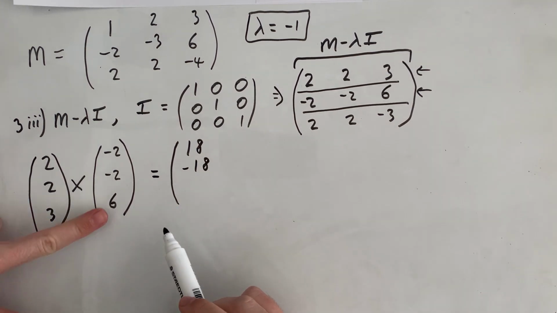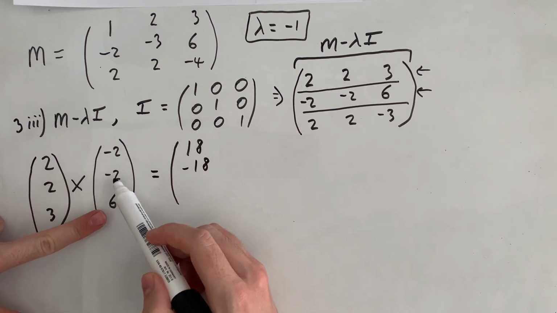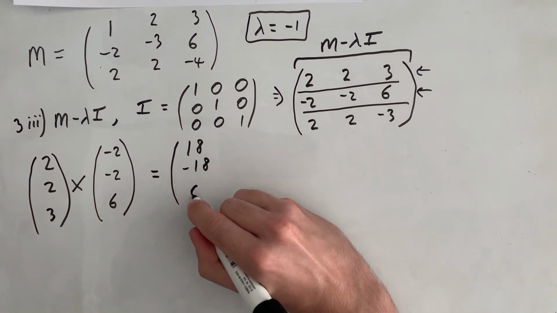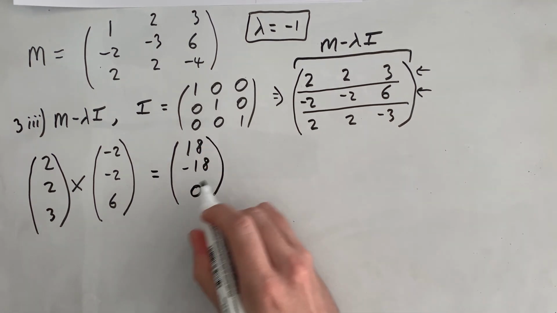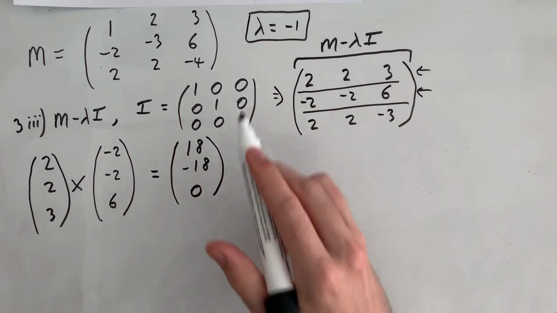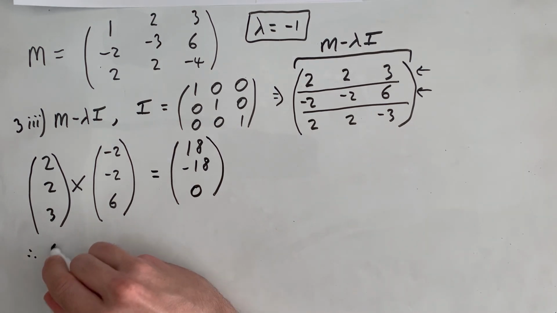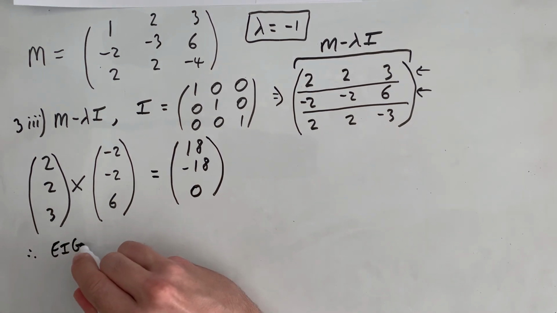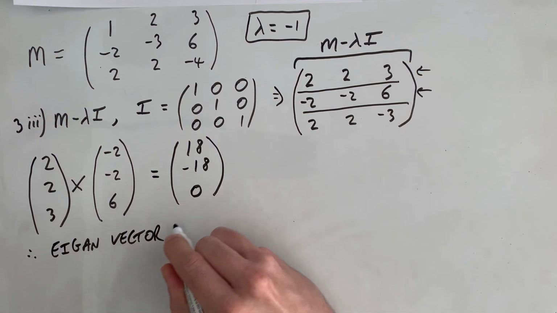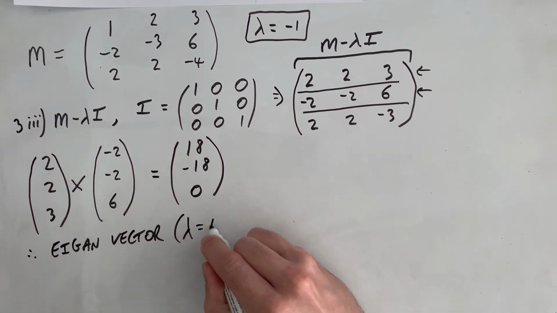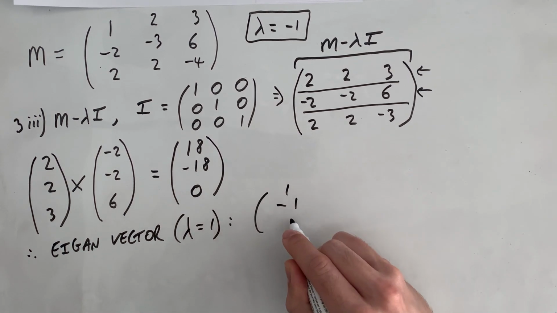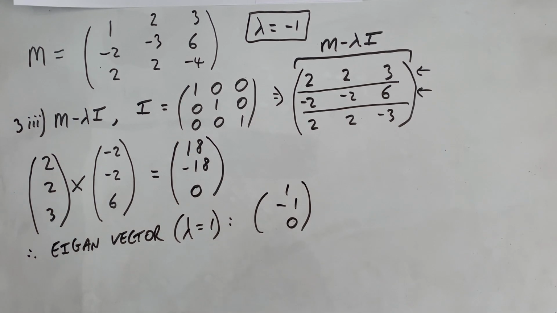And then our final entry along the bottom, 2 times minus 2 is minus 4, minus minus 4, so we get 0. Obviously this can be simplified, and as it turns out, our eigenvector for our eigenvalue is 1, minus 1, 0.